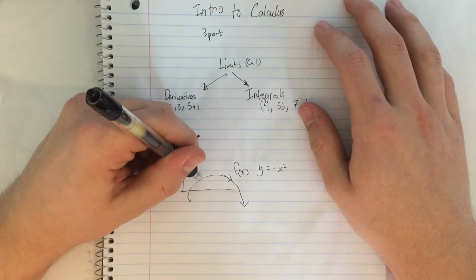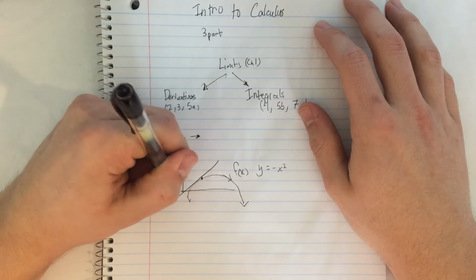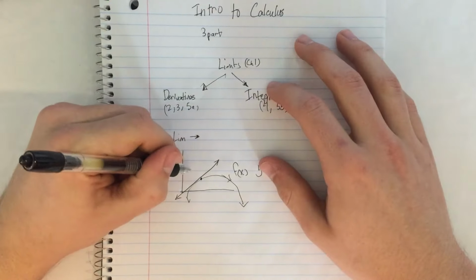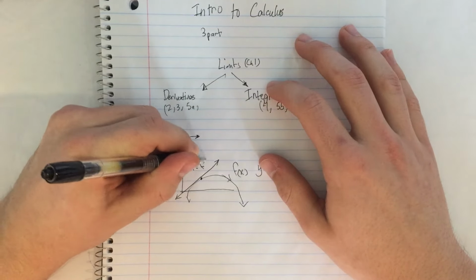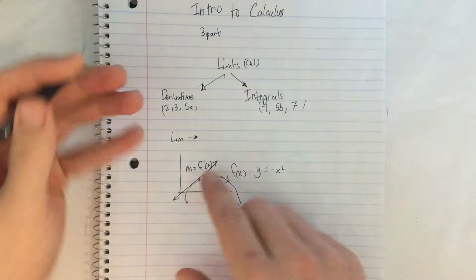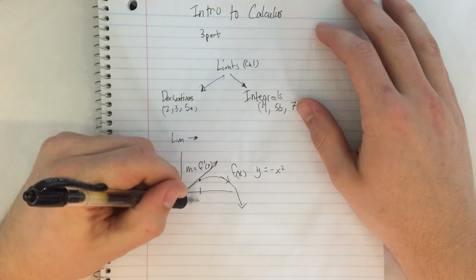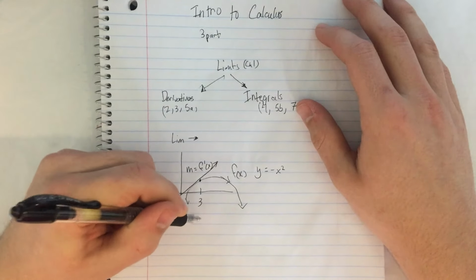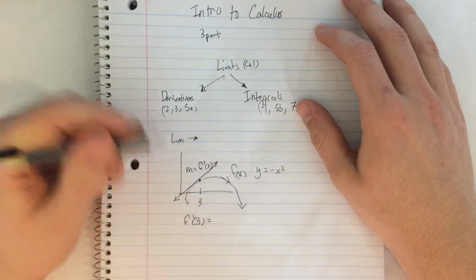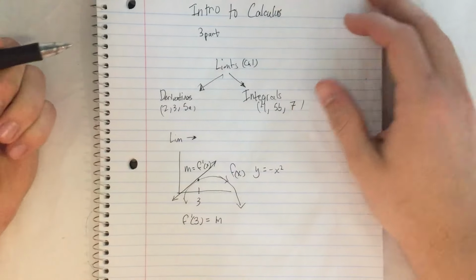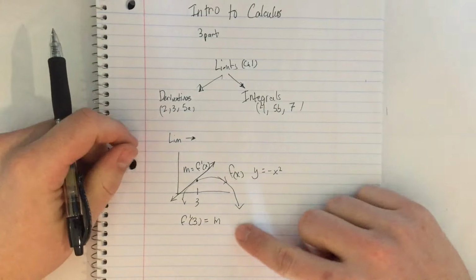And so what is the slope at this point? We don't know, but the slope would equal the derivative. And if we call this point 3, so f prime of 3, it'd equal m. When we get into derivatives, we'll go over how to solve those.